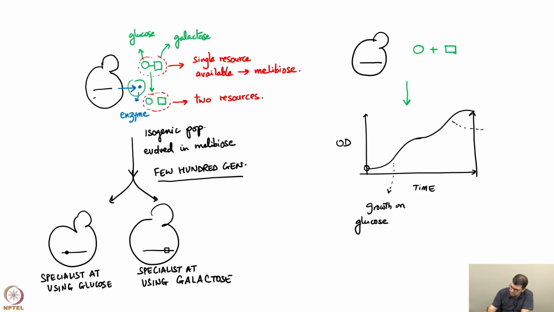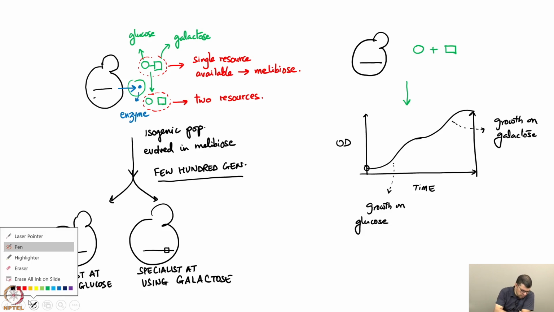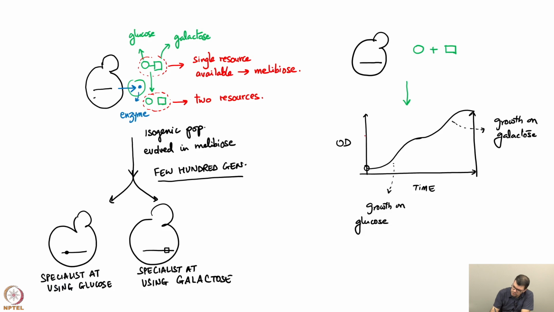So in the next phase, growth on galactose takes place, and these are sequentially used. What that means from our context is that if I am tracking the two sugars in this flask, glucose is going like this.